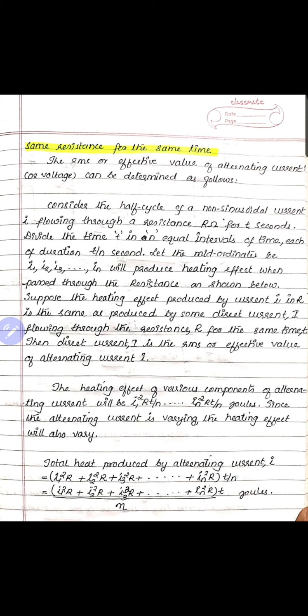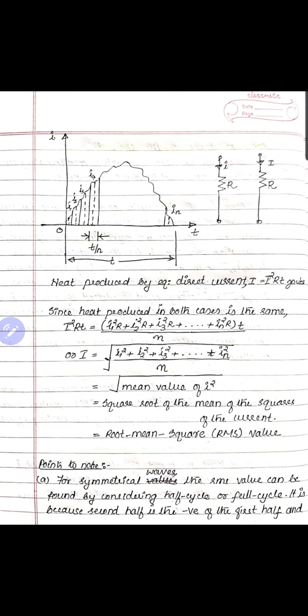So it is written as I1 square R plus I2 square R plus I3 square R up to In square R, into T, whole divided by n. Now the heat produced by the equivalent direct current I is I square RT.